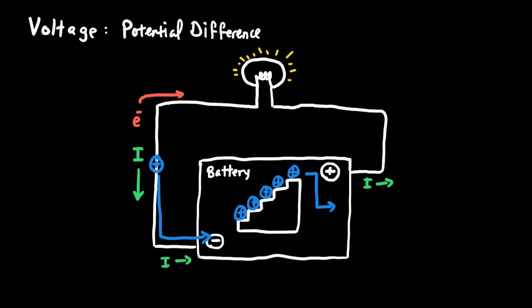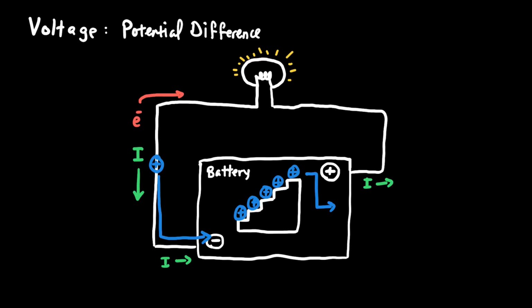It continues to do this as charges move through. What's really happening is there's a difference in electric potential energy between the two terminals of the battery, and that increase or decrease in the potential energy of those charges is what allows the light bulb to stay on and the charges to keep moving through the circuit.